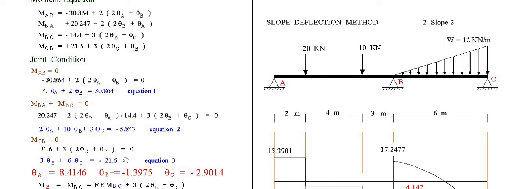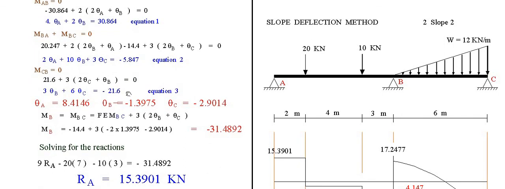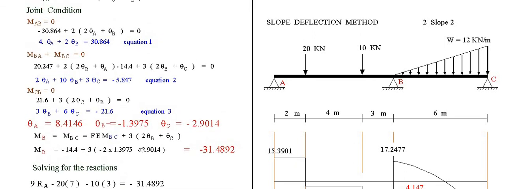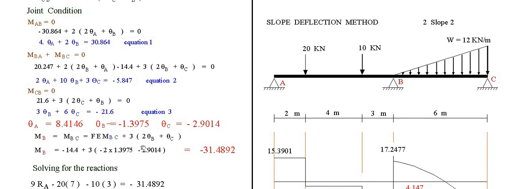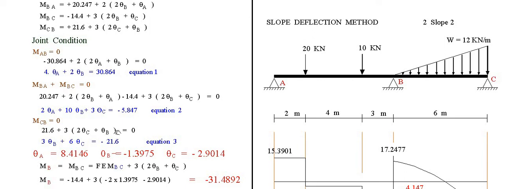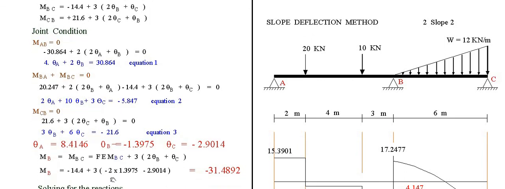So moment at B is equal to moment BC. This is equal to the fixed end moment BC plus coefficient. Okay, substitute fixed end moment BC is minus 14.4 plus 3, minus this, the theta B is negative.